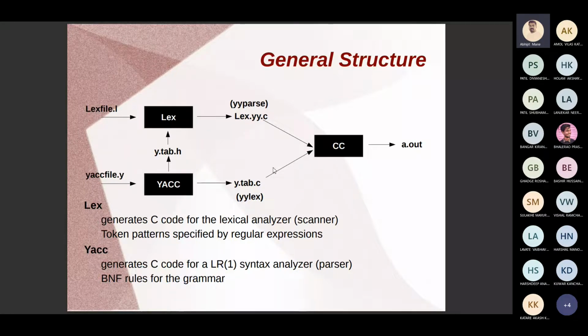So the extension of the Lex file is .l and of the Yacc file is .y. When you compile, for Lex you can install the Flex library on your machine, and for Yacc you can use Bison. Bison is the parser that is built in to support the yacc command that you have to use.